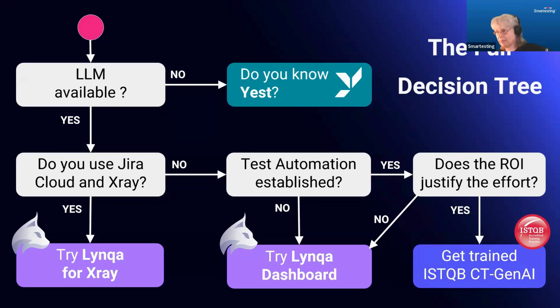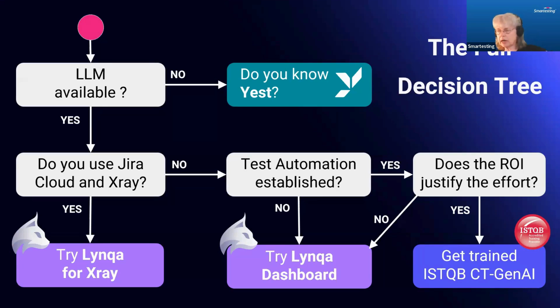If you have an LLM, the next question is, do you use Jira Cloud and X-Ray? And if yes, then you may go to the Atlassian Marketplace and try Linker for X-Ray. There are free credits, and you can just install it if you are allowed to in your environment, and just give it a try and build your own opinion whether it's usable or not in your context.